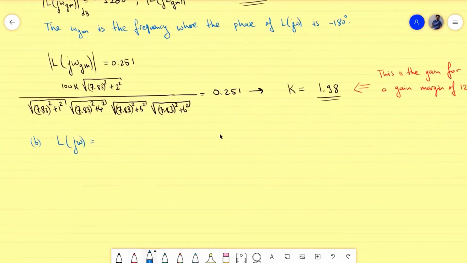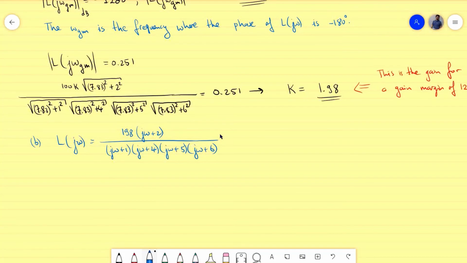So what I have is the following: 198 times (j omega plus 2) divided by (j omega plus 1) times (j omega plus 4) times (j omega plus 5) times (j omega plus 6). That's my loop transfer function for calculation of the phase margin.